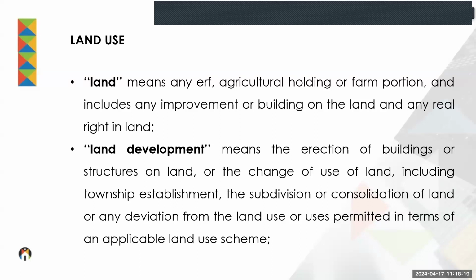What is land development? It means the erection of buildings or structures on the land and the change of use of the land, including township establishment, the subdivision or the consolidation of land, or any deviation from the land use or uses permitted in terms of an applicable land use scheme.